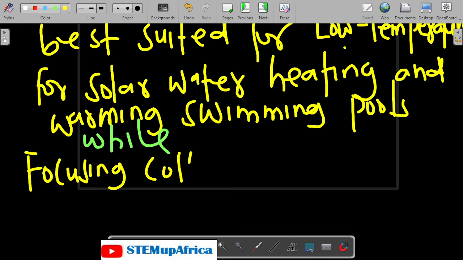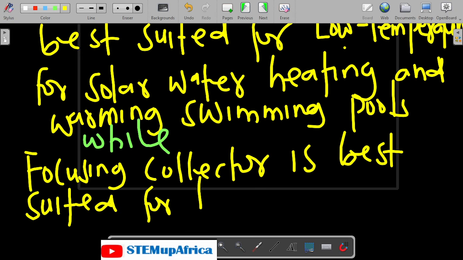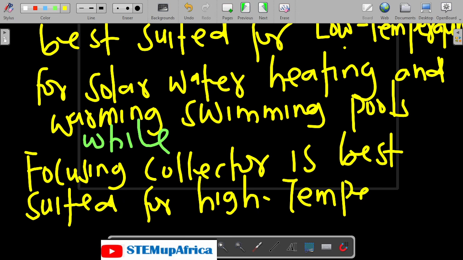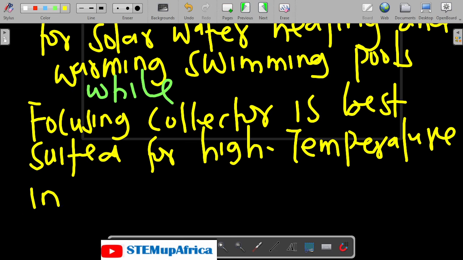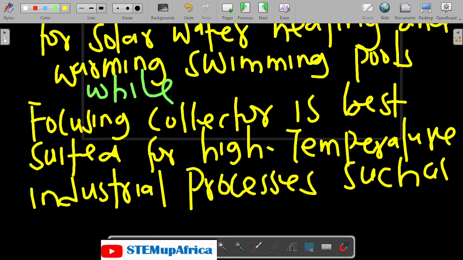Focusing collectors are best suited for high temperature industrial processes such as thermal power plants for electricity.